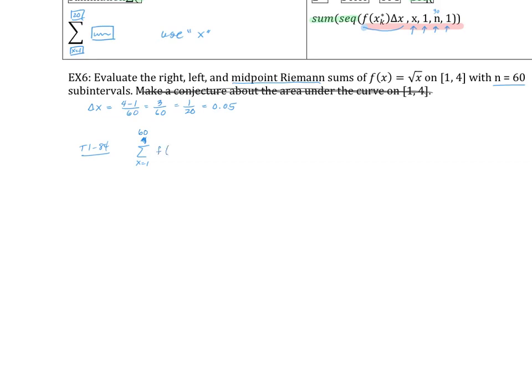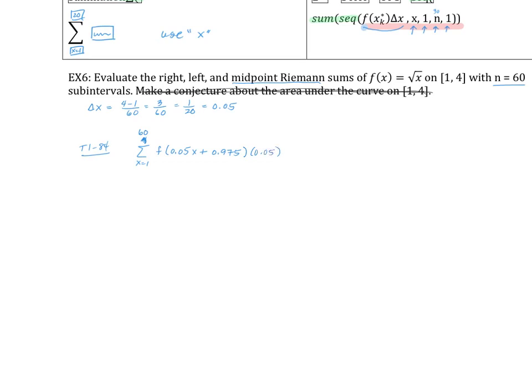We're going to look at f of, now computing our midpoint Riemann sum will end up being 0.05x plus 0.975, times my delta x. How did I get that midpoint?